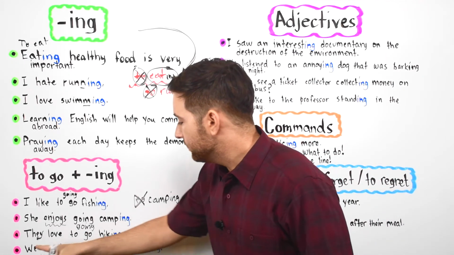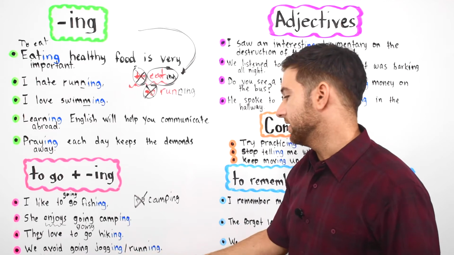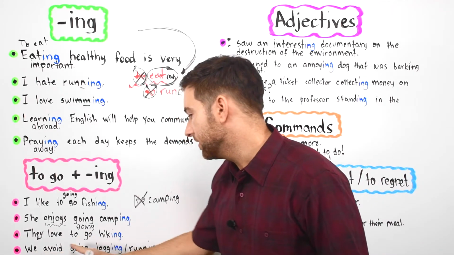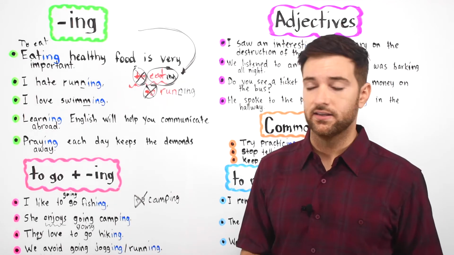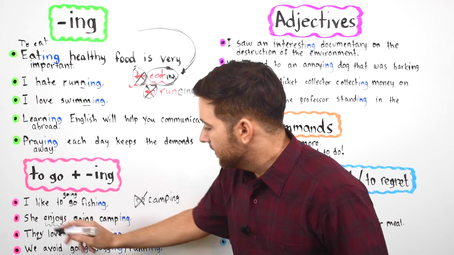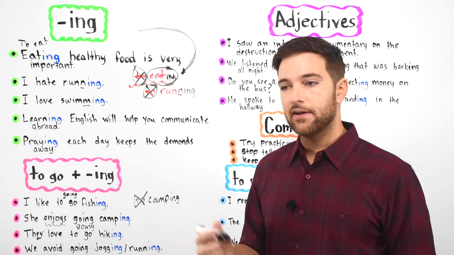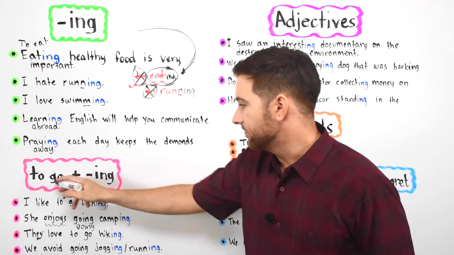And then here we have, we avoid going jogging. We avoid going running. You cannot say we avoid to go jogging. We avoid to go running. You cannot say that. Avoid is much like enjoy, okay? Where after each of these verbs, you have to use going instead of to go.